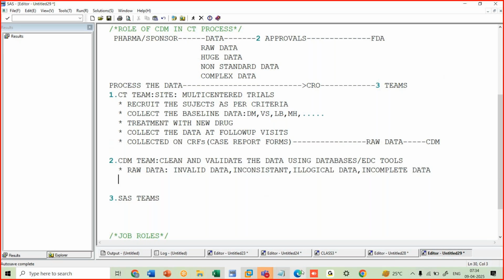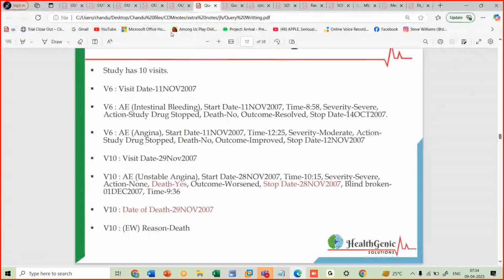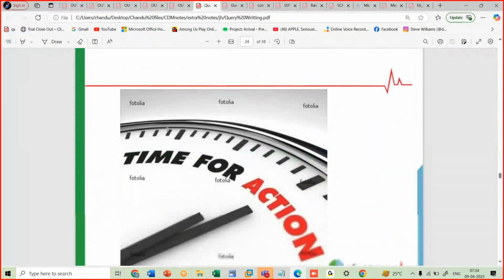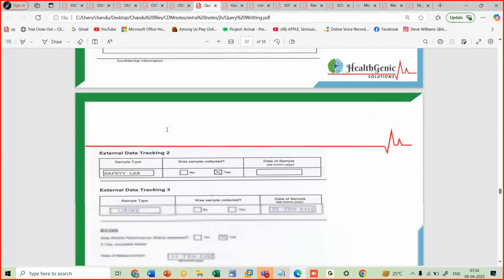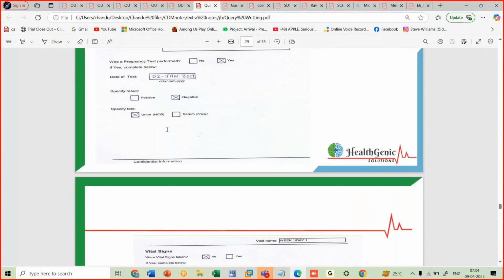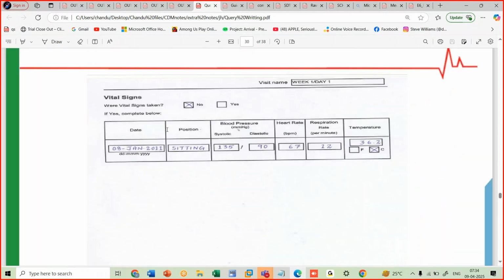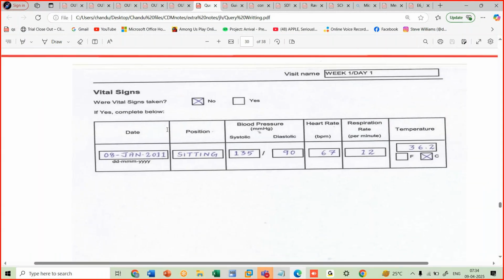I'll show you one example here. You can just look at the CRF. We have discrepancies here. In this one, we have one discrepancy. Can you identify that?